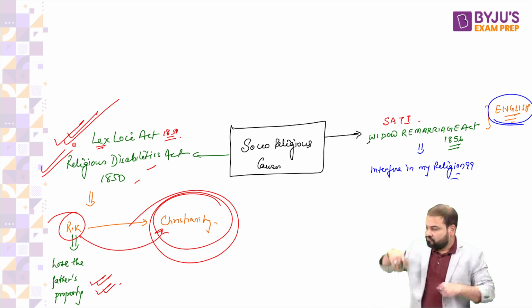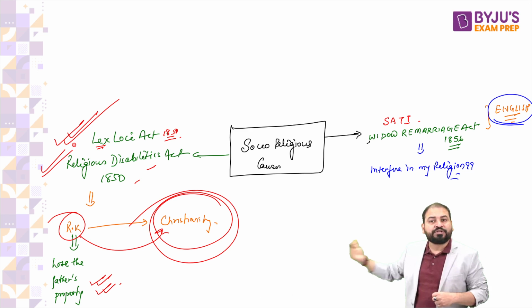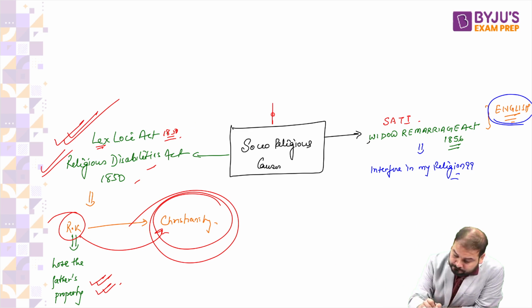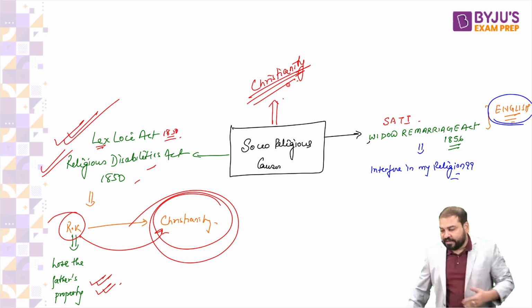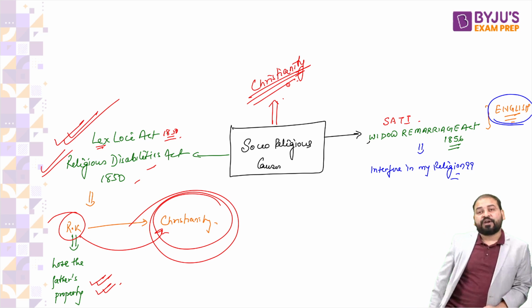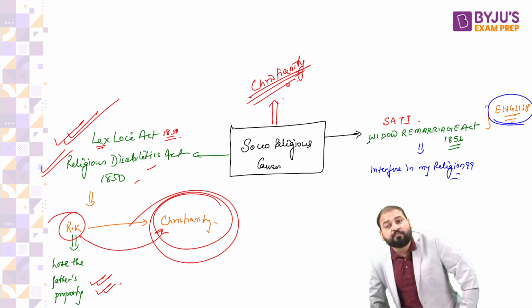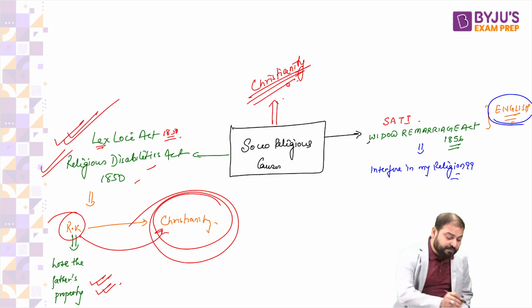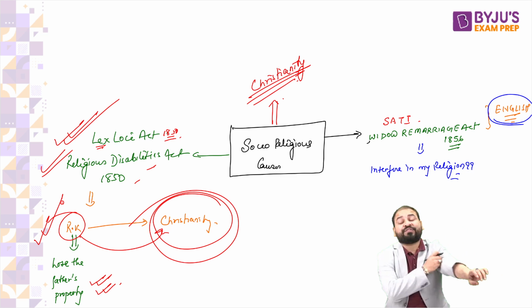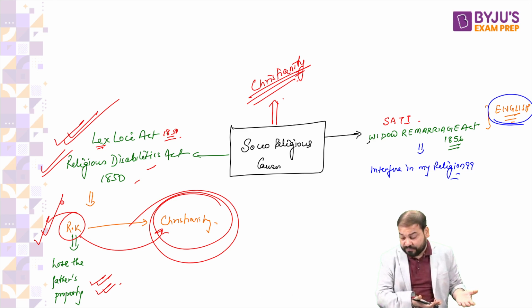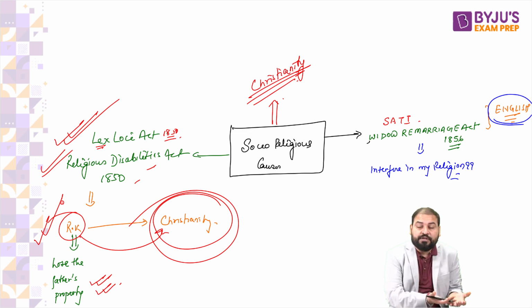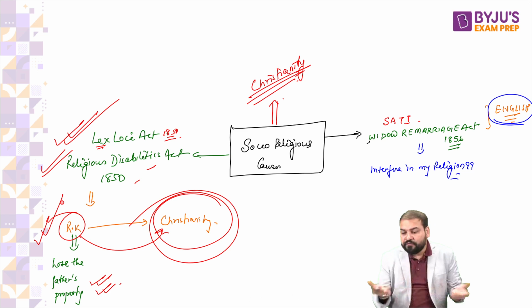And it was very clear, and there were rumors also, that the Britishers were trying to convert as many people as possible, by bringing such things, facilitating, because Rohit Kumar may not convert to Christianity if he loses his religion. But now, if he's been given this option, he will convert.